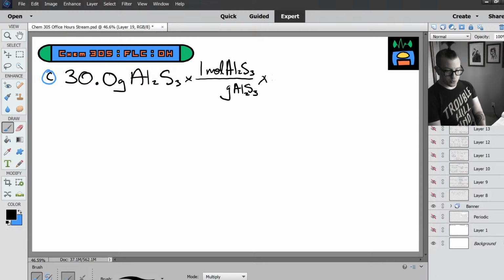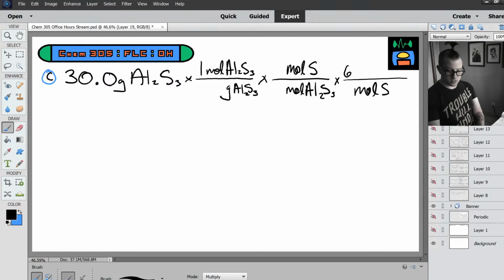Step 2, we need to convert from moles of aluminum sulfide to moles of just sulfur atoms, right? And then the final step, we convert from moles of sulfur to atoms. I'm going to change color so you can see this here.